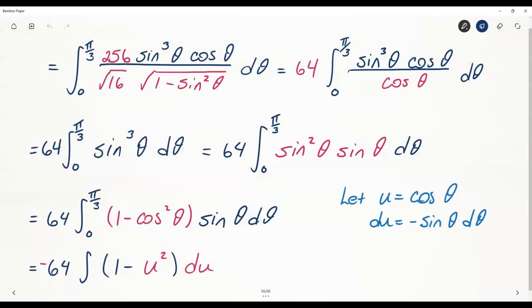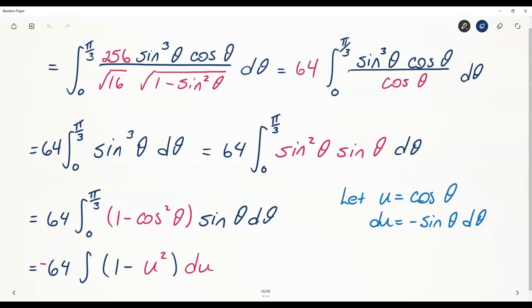So now it looks like this. And notice the negative on the 64. And now look what I've got. It's a polynomial in terms of u now. I do want to take a moment to mention, notice I did not write any limits of integration. Because as soon as I go from theta to u, it's no longer 0 to pi over 3.